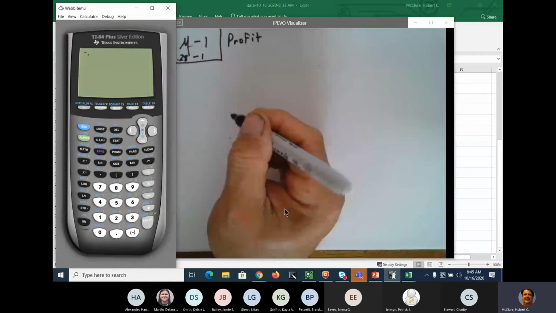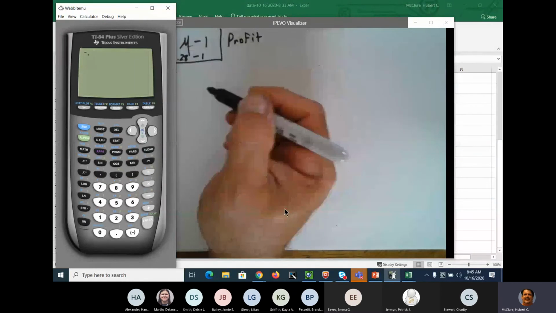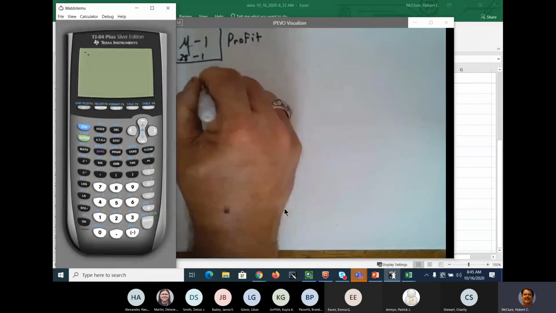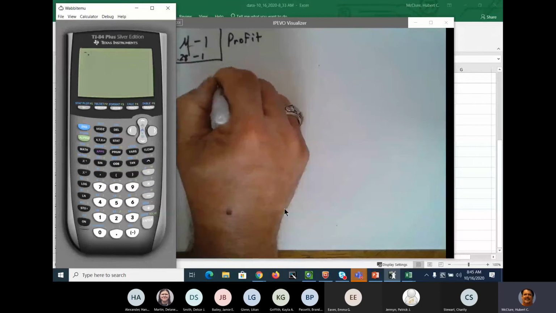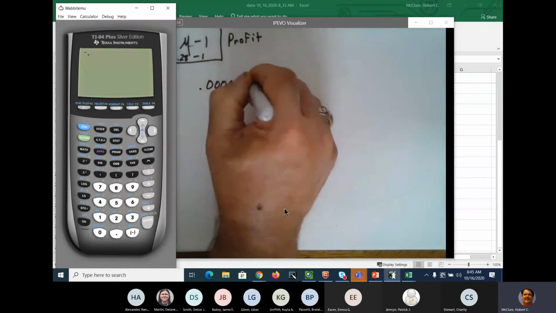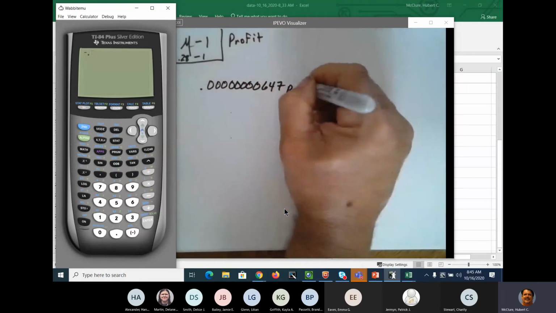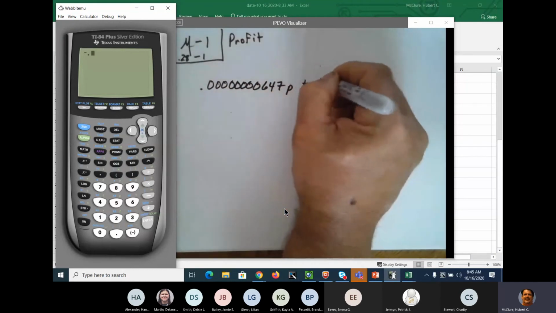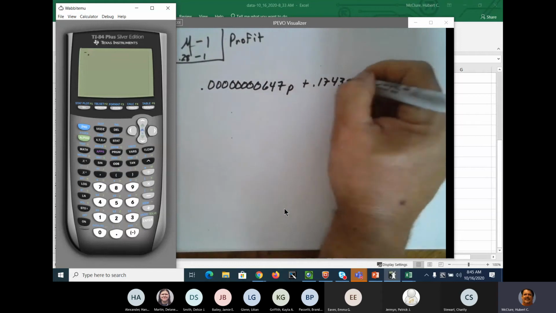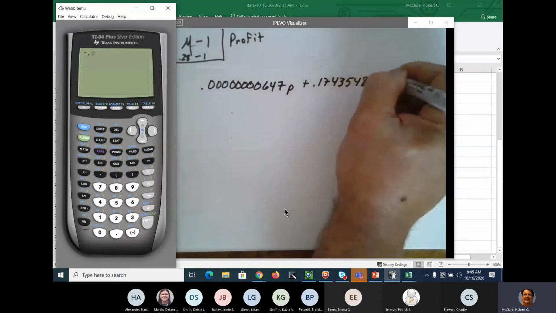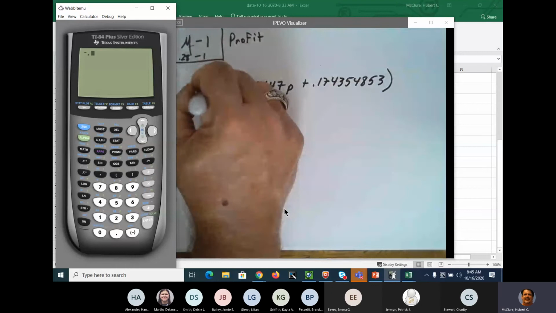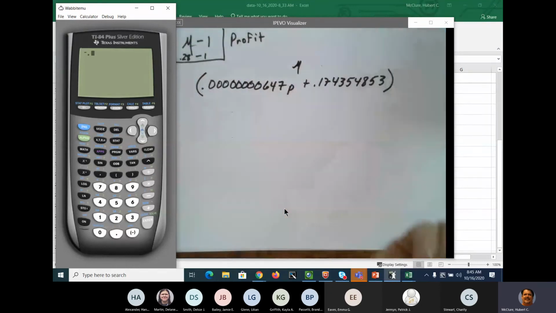All right, so I need to take my mean, which is 0.00000000647p plus 0.174354853. This is my mean, and I've got to subtract 1. I forgot about adding that part.